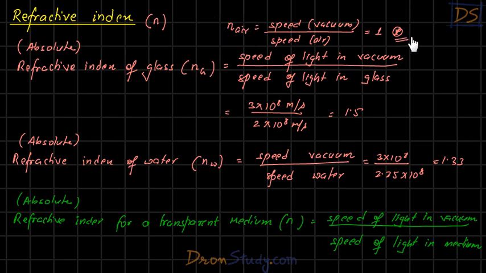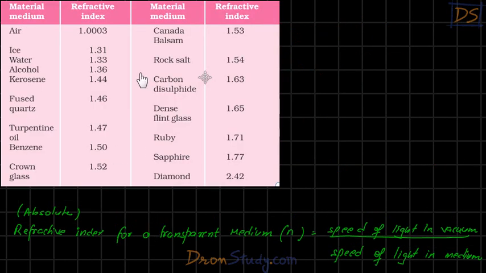Okay, students? So students, you can see this table here. So here you can see these are the transparent mediums, and in this column you will find their refractive index. For example, for air, refractive index is 1.003, but approximately we will take it as 1. For ice, refractive index is 1.31.